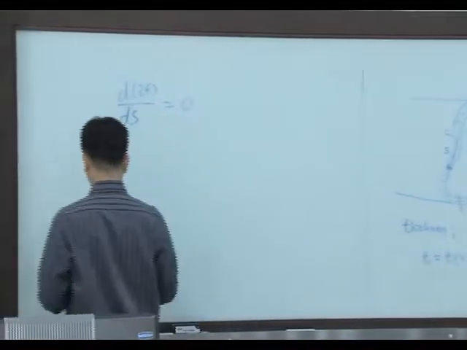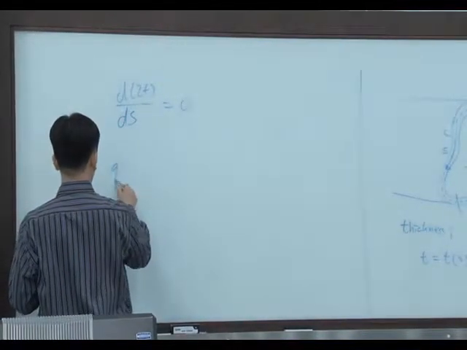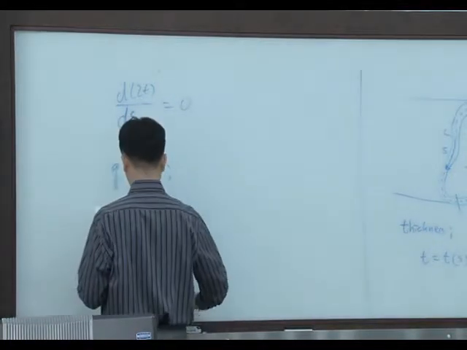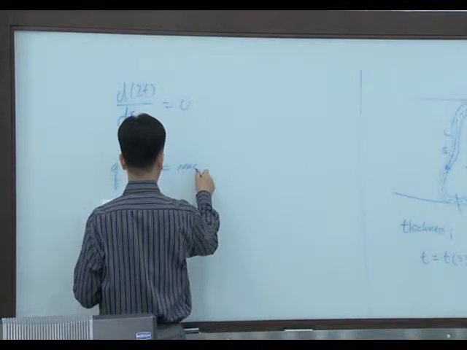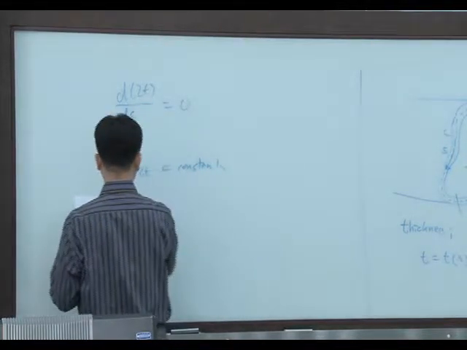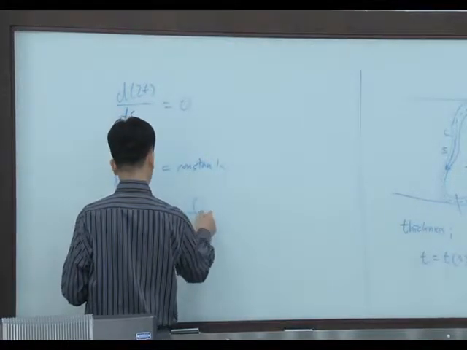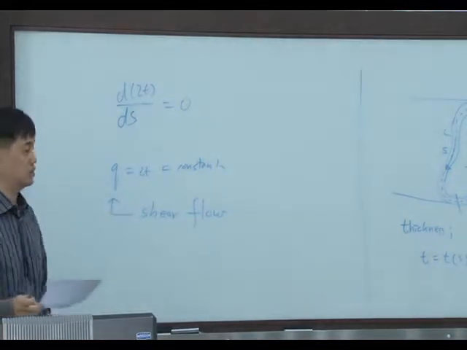So actually we are saying q equals tau t is a constant. We call this q the shear flow. We have a constant shear flow.